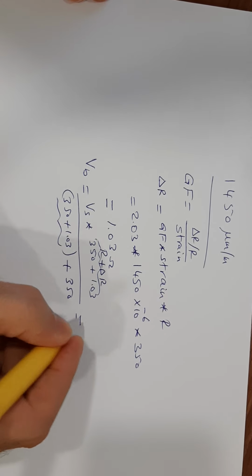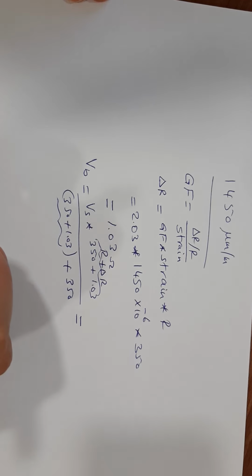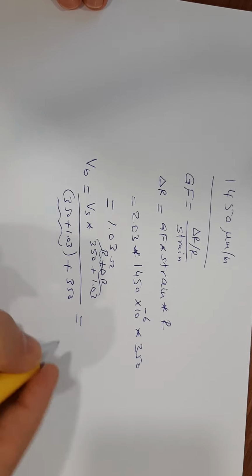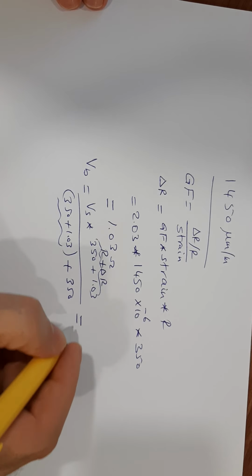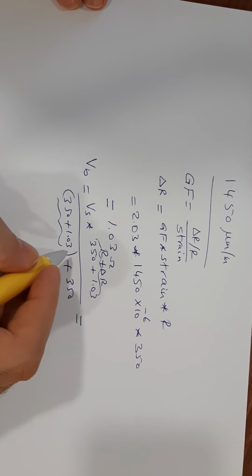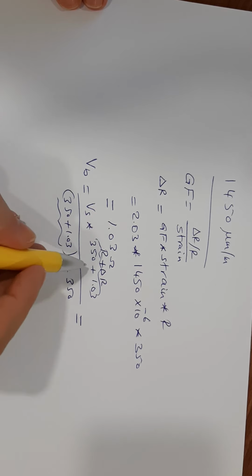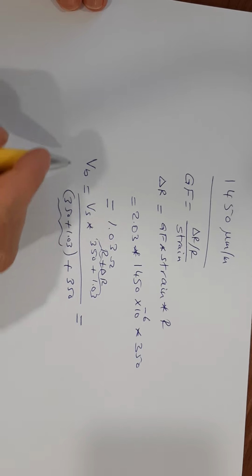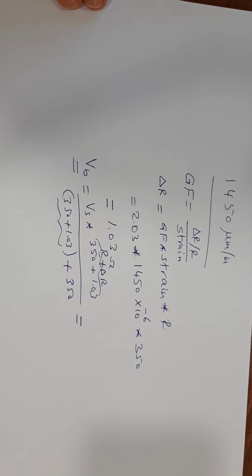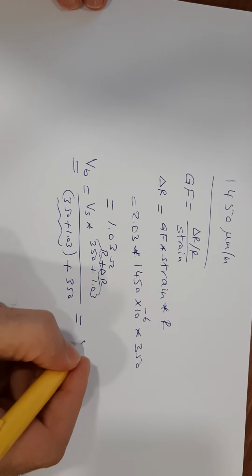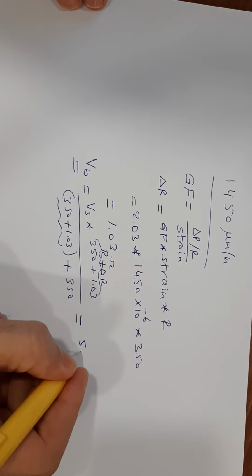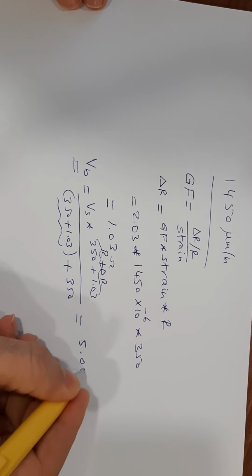If we calculate this, it will be around 5, because here the resistance is increasing, so we expect that the voltage VB will increase, starting from 5 volts initially without strain, then this will become 5.007 volts.